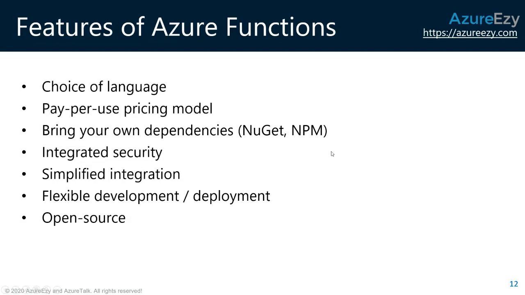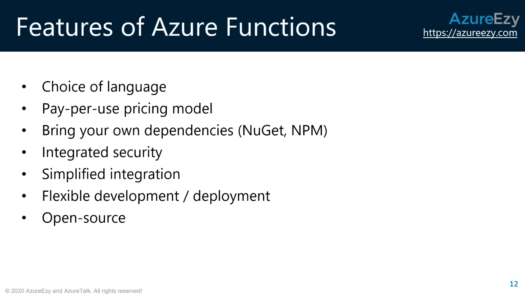So let's go ahead and check out the features of Azure Function. So the main feature of Azure Function is that it is not language dependent. It's not only into the Microsoft technology stack. You can build a lot of languages supported by Microsoft. Like if you are a Java developer, you just create a Java Azure Function and put it into the function app.